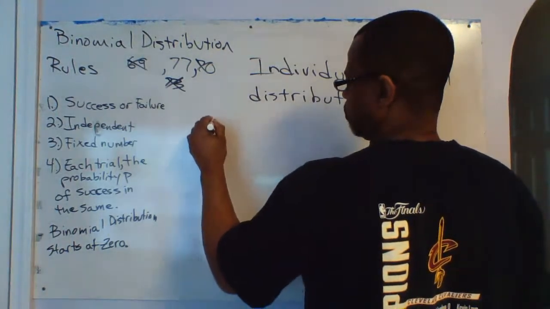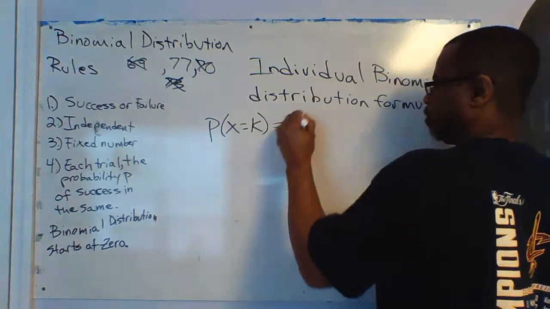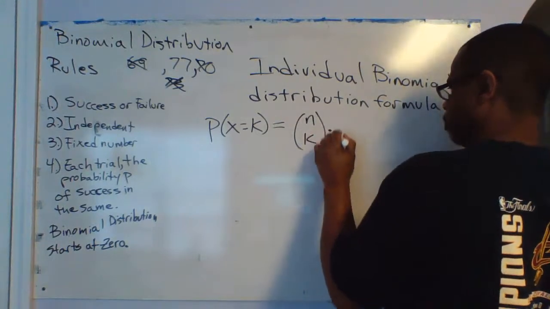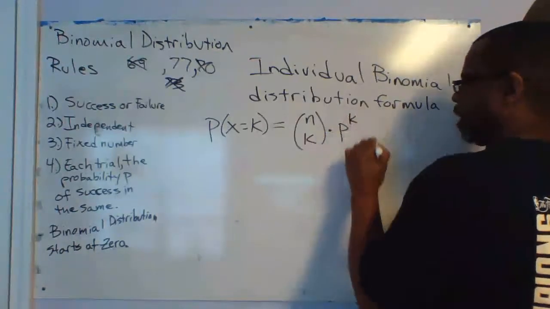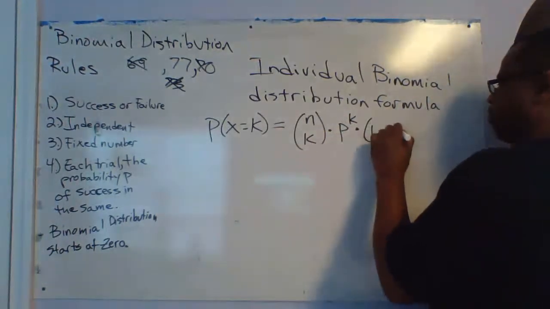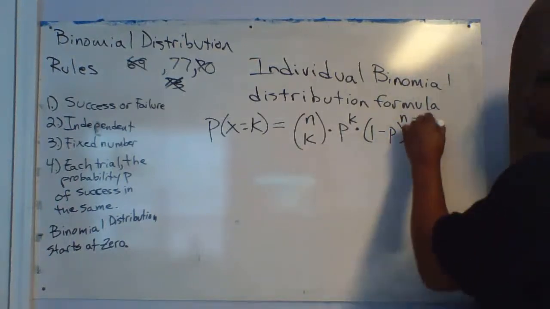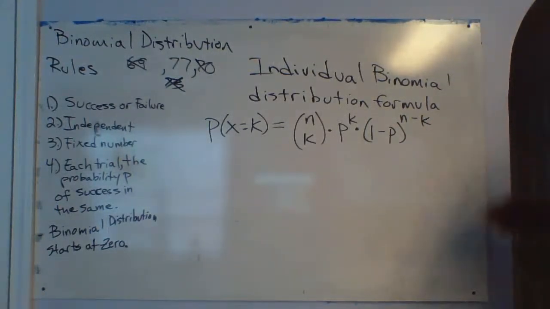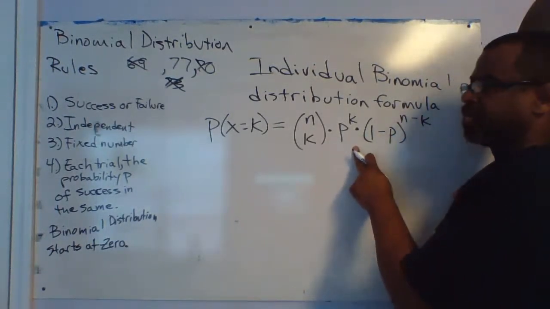It's the probability that X is equal to K. It's equal to N choose K, times your probability of success raised to your K, times your probability of failure, which is 1 minus P, raised to your sample size minus K, the position you're trying to find. So it said exactly. When you use this formula, this is just for exactly. That's why you have your graphing calculator, in case you have a lot of them.